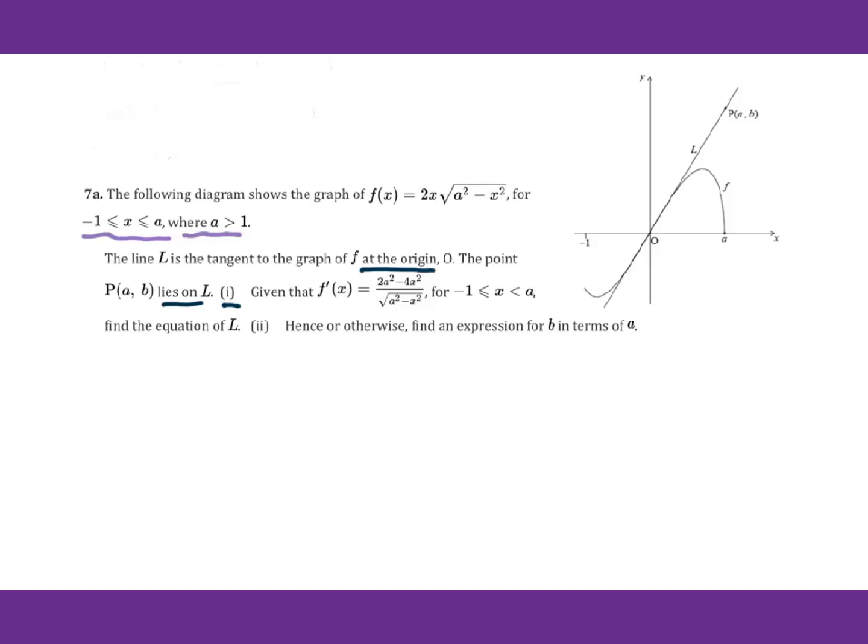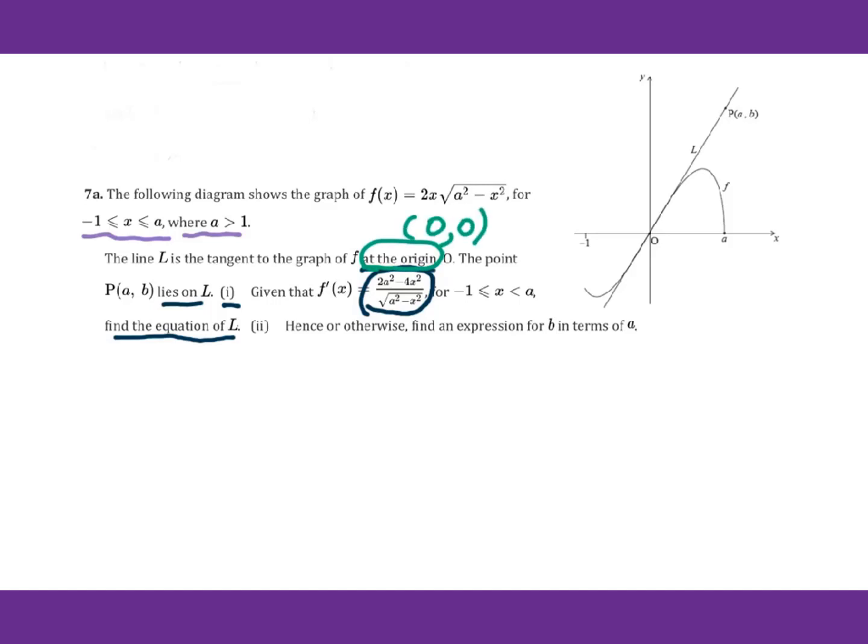Given the derivative of f of x equals this, for x greater than or equal to negative 1 and less than a, find the equation of L. We know L is the tangent line at the origin. We have 0, 0.